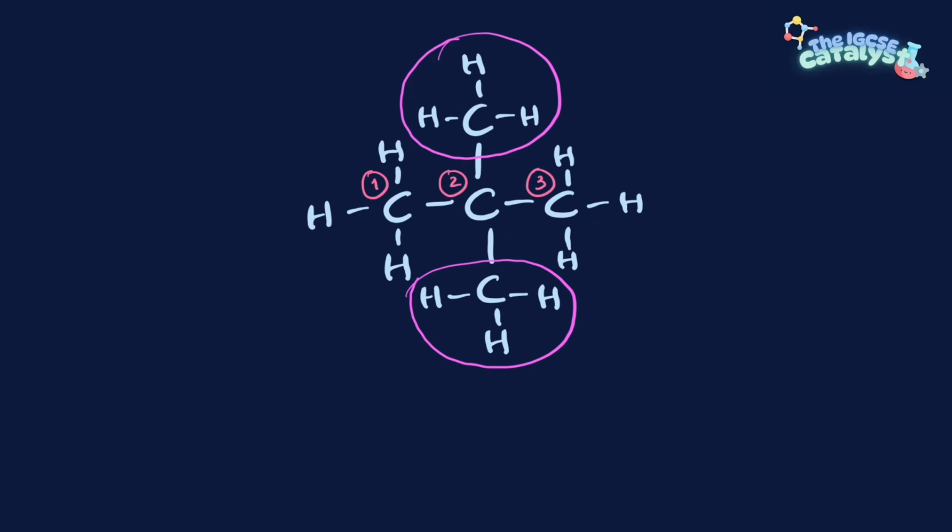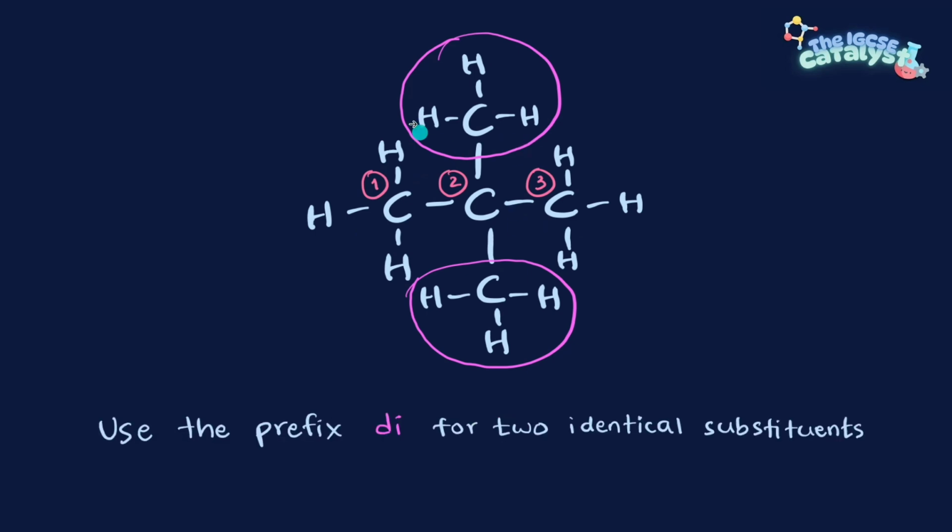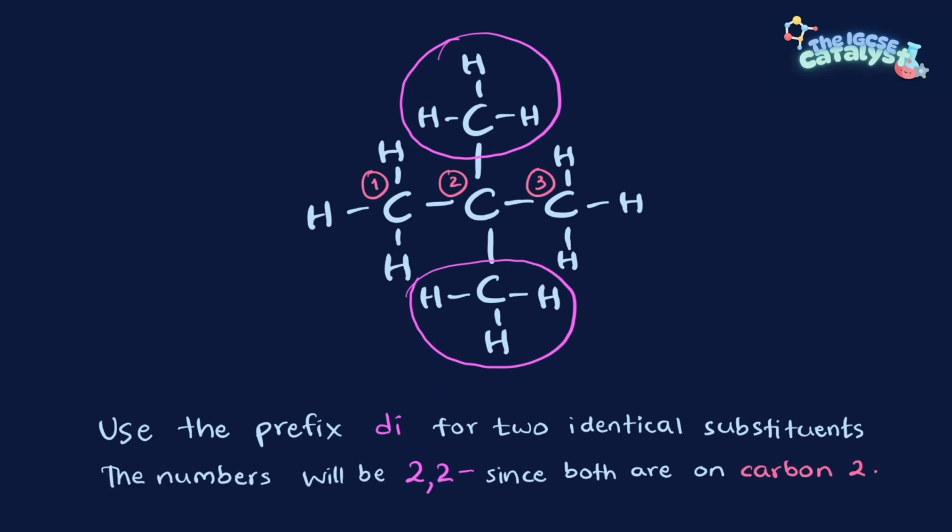And this will be the same if we number the chain from right to left, since this carbon is in the middle. Because these methyl groups are 2 identical substituents, we will use the prefix di in front of the word methyl. And because both of these methyl groups are connected to carbon number 2, for the numbers, we will write 2, 2.